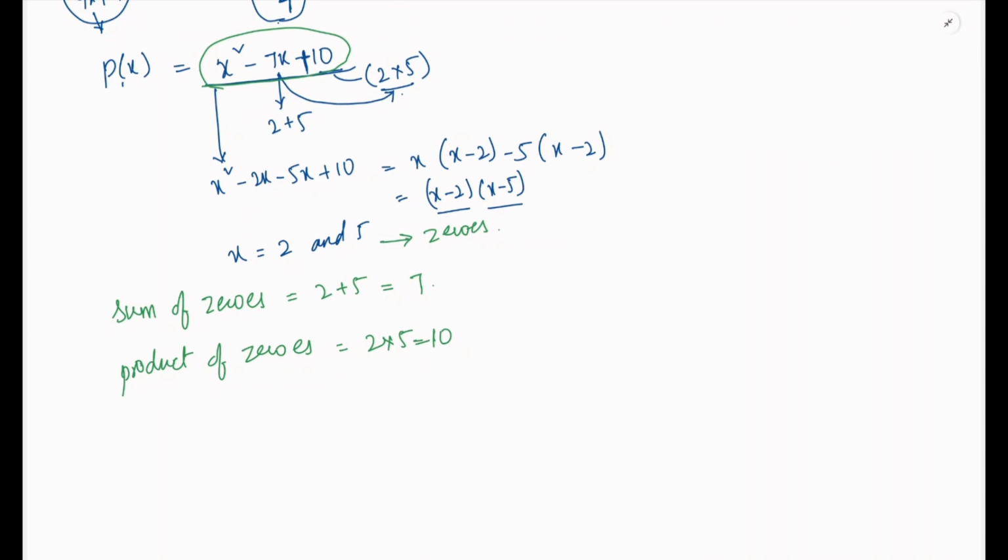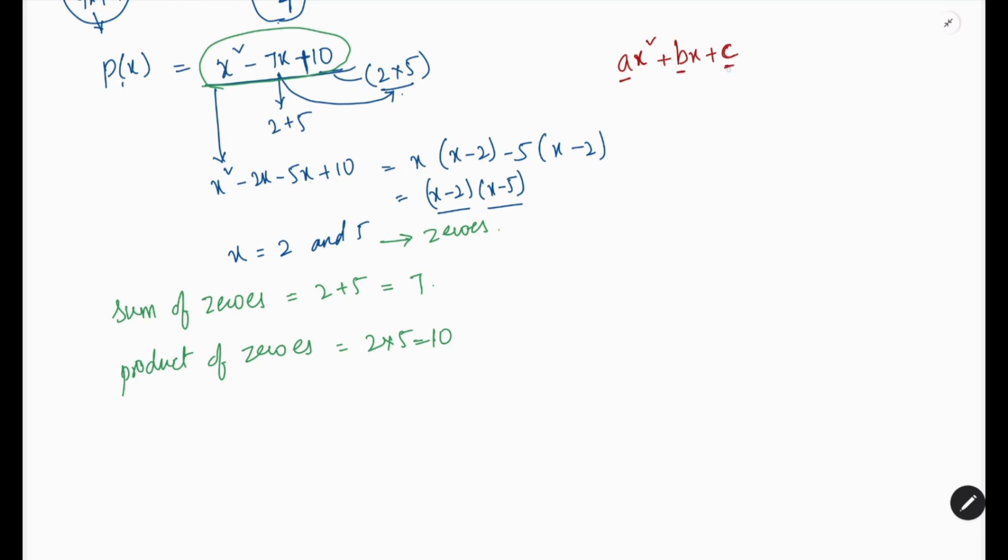So let us represent this quadratic equation in the form of ax square plus bx plus c. a is the coefficient of x square, b is the coefficient of x, and c is the constant term.